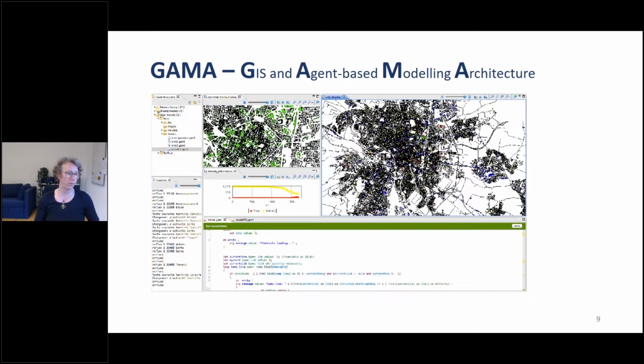So agent-based models and cellular automata are the two main approaches to build spatial simulation models. I will touch on more methods, but these are the two spatially explicit modeling approaches that we are going to work with in this module.